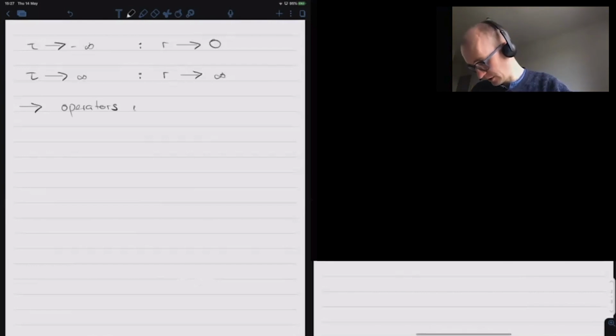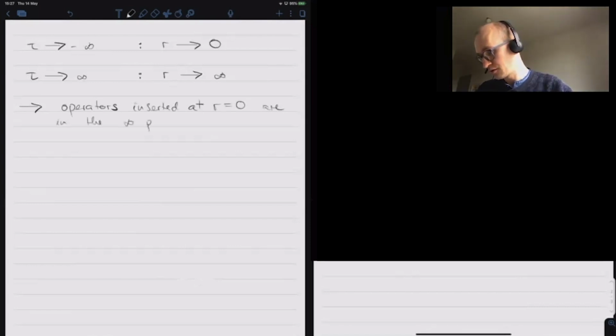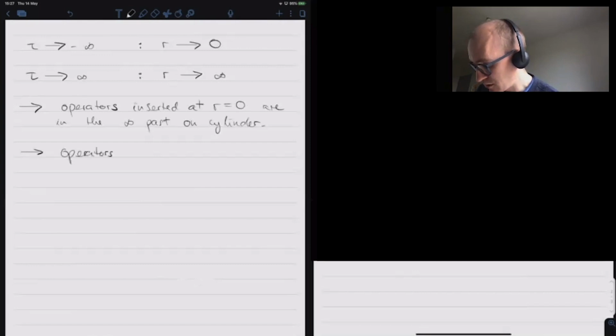So operators inserted at r equals 0 are in the infinite past on the cylinder. And correspondingly, operators inserted at r going to infinity are in the infinite future.